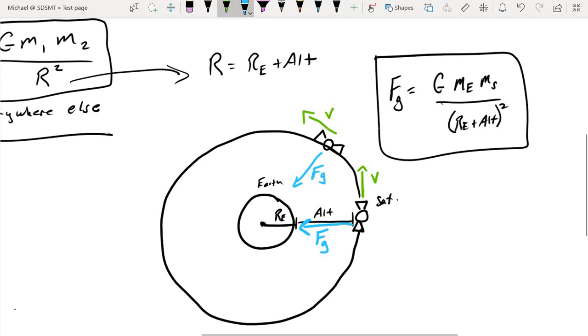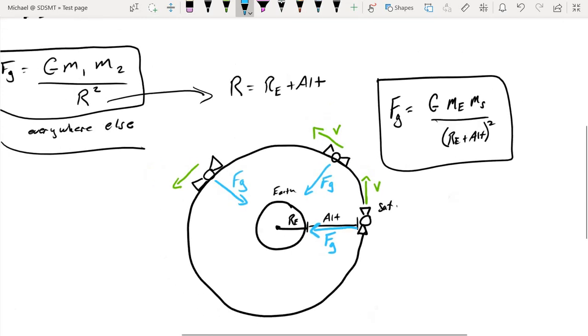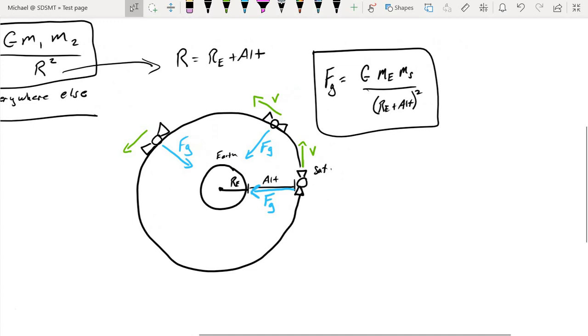And this is going to continue happening all the way around until we've completed a full circular orbit of constant radius r. So no matter where we are in our circular orbit, our gravity force is what is causing the circular motion to occur.